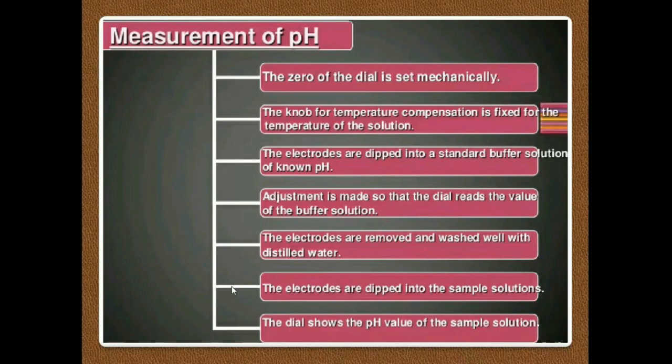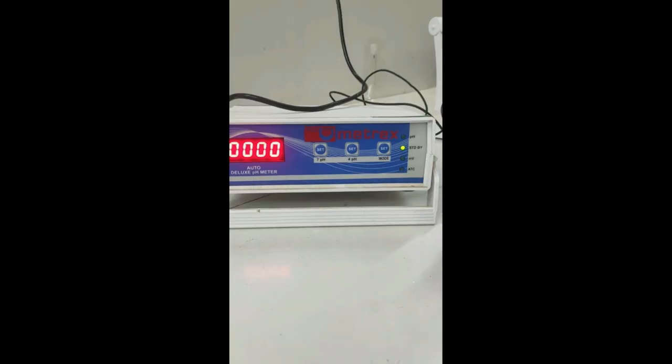Then adjustment can be done so that the dial reads the value of the buffer solution. Then the electrodes are removed and washed well with distilled water. Then the electrodes are dipped into the sample solution, and the dial shows the pH value of the sample.